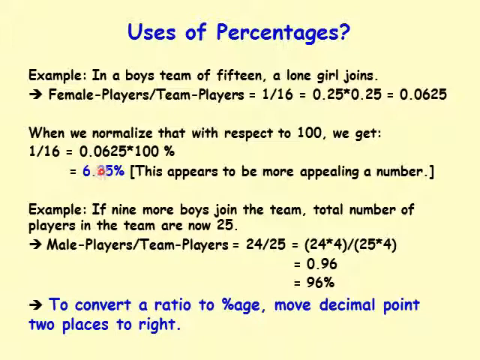Same thing here, the answer is 0.96, and now we move the decimal place to the right, it becomes 96%. We move the decimal point to the left, it becomes 0.96.